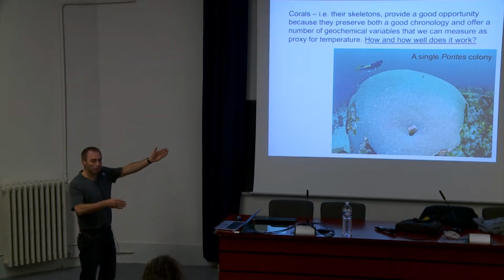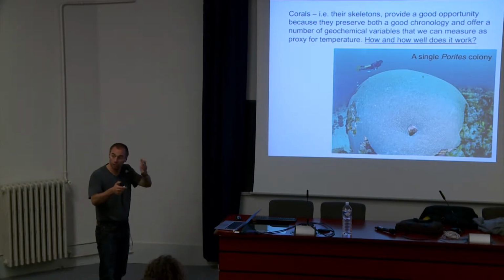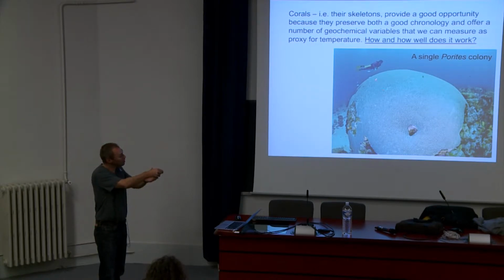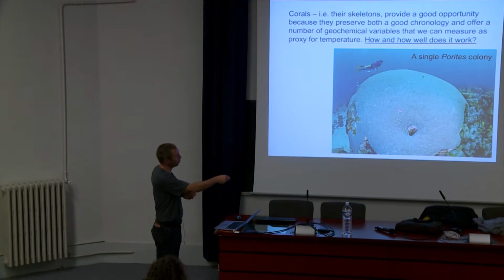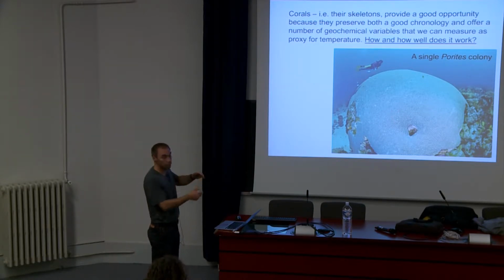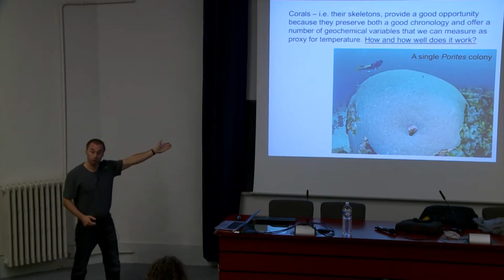And if we can find something to measure, which is correlated to these changes in the skeleton, then maybe we can reconstruct those variations on the time scale that this coral has lived, which in this case, for this coral, which is probably 3 meters in radius, it grows about 1 centimeter a year. It's maybe 300 years, 400 years, which is very interesting, right?